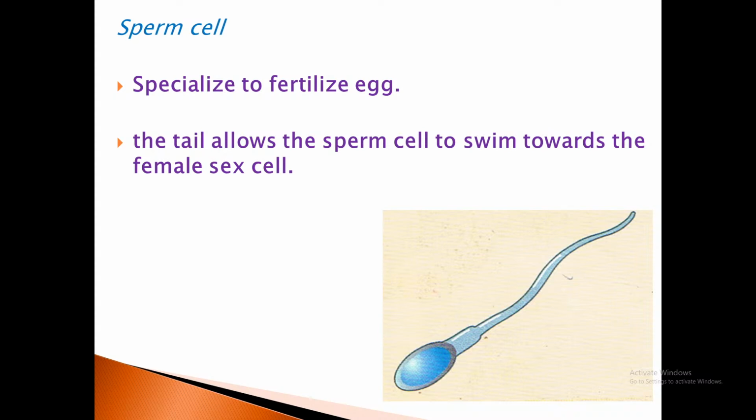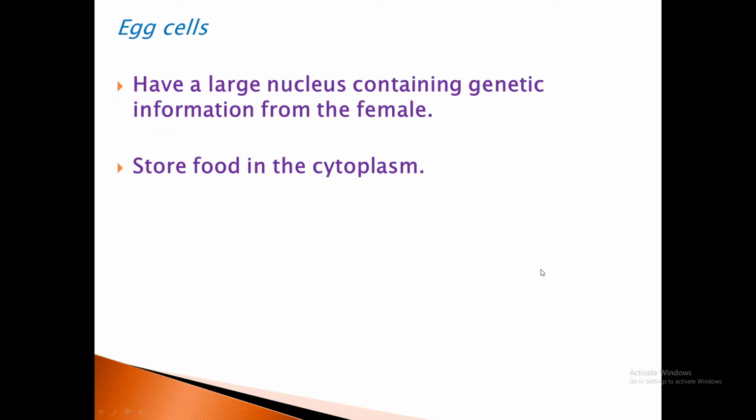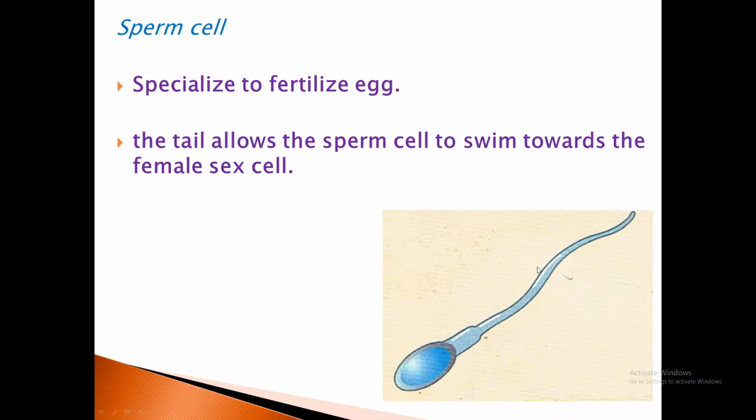So that's their function. Now moving down to the second pointer, the tail allows the sperm cell to swim towards the female sex cell. If you look at the diagram, you will see an example of the sperm cell.